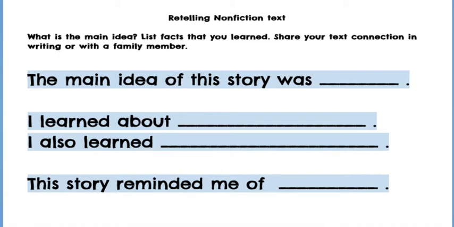You need to list facts that you've learned. I've said this time and time again. These two sentence frames are just two. You don't have to just give me two. I would encourage you and I want you to give me more facts that you've learned, and then at the end, tell me what the story reminded you of. It could be a connection to the world, to another story, or to an experience that you have had.